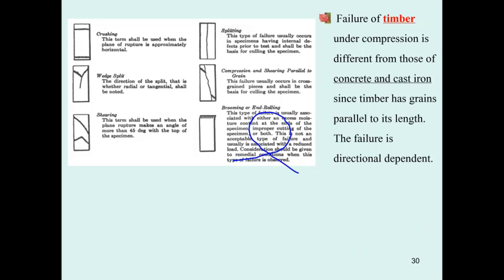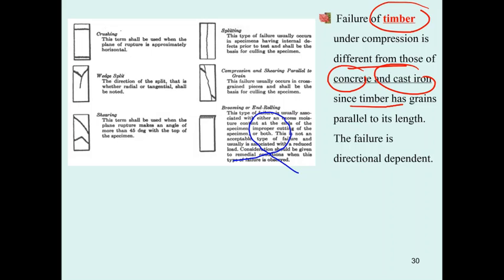Wood or timber has a different kind of failure. It's different from concrete and cast iron. Since timber has grain, parallel to the length, the failure of timber is quite different, because timber is a natural material. The grain can be in many directions.